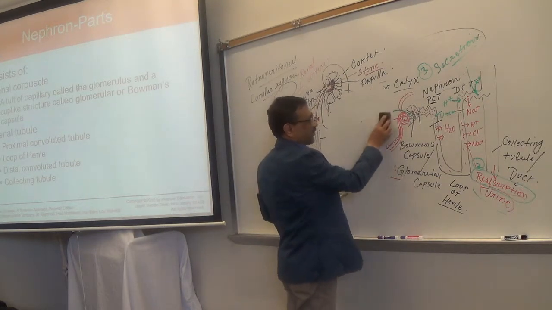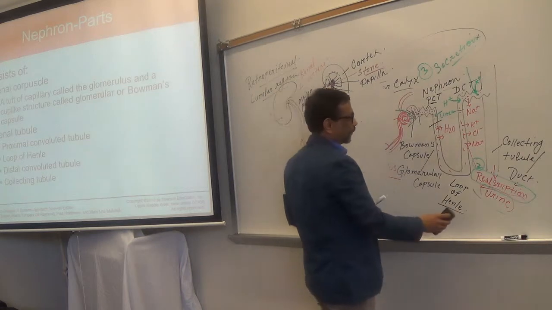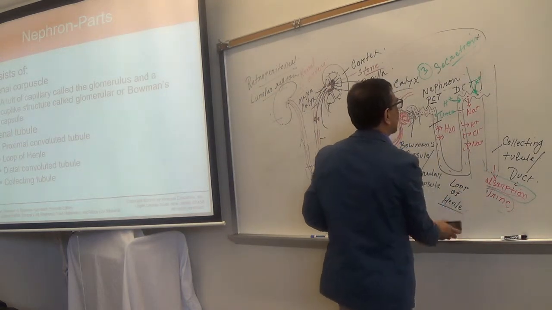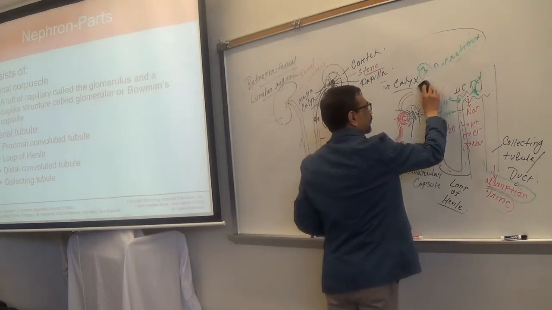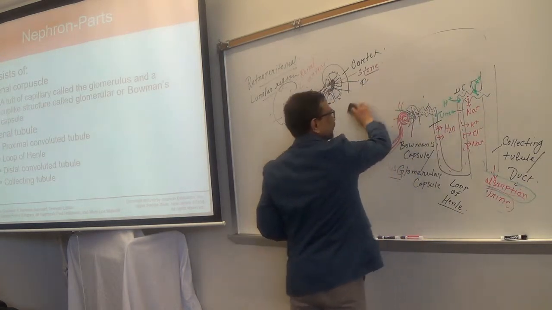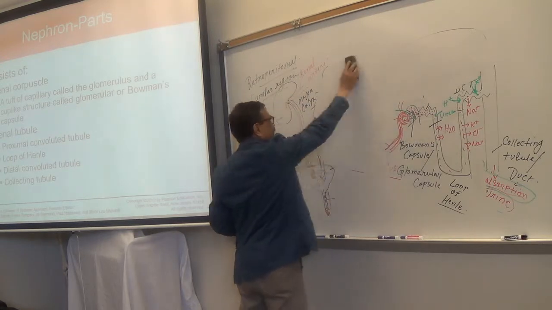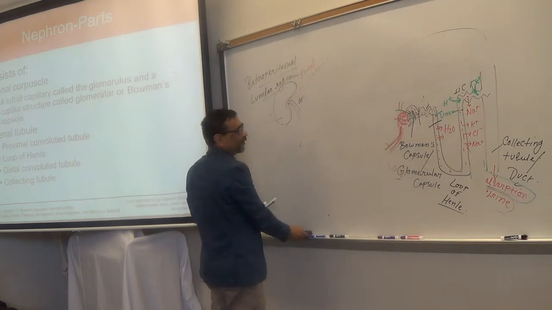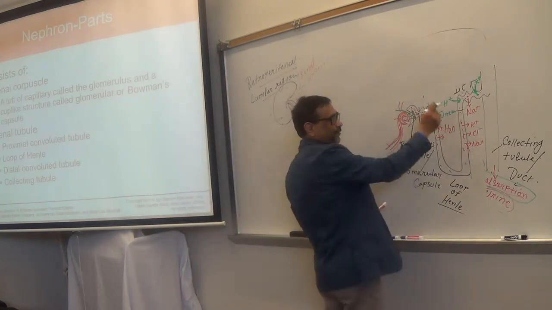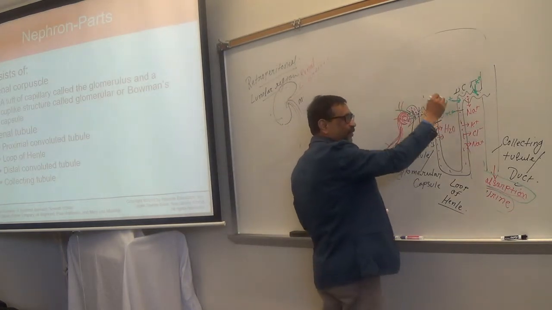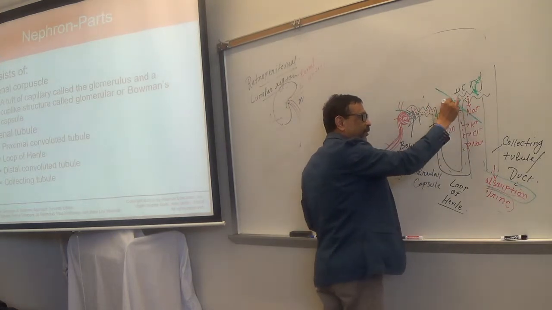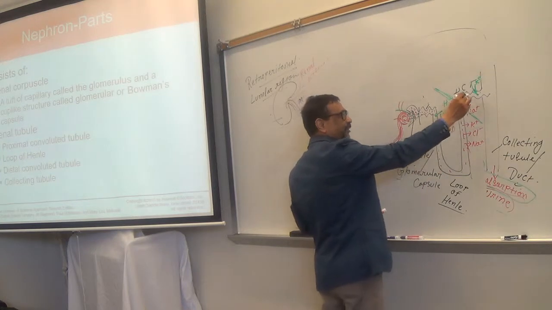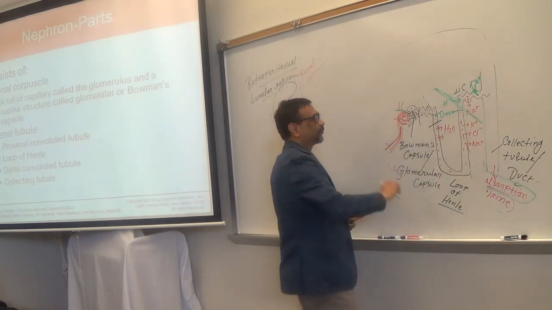Now something interesting. If I divide the nephron into two parts, first part and last part, here. This is the first part of the nephron, this is the last part of the nephron.